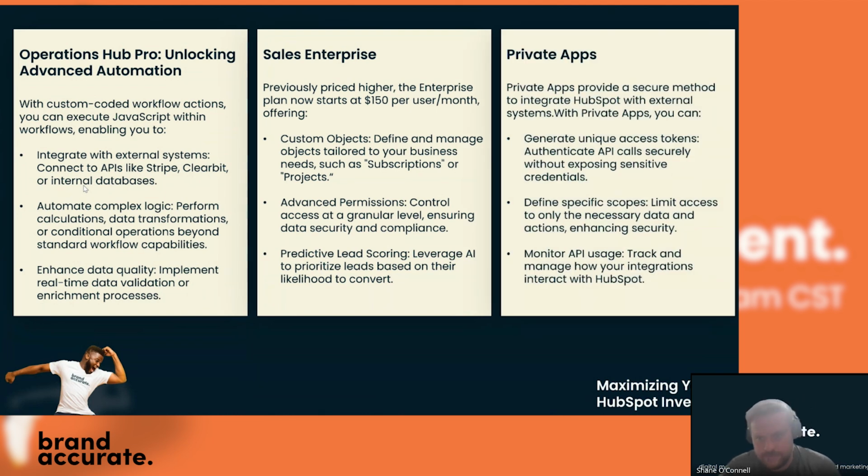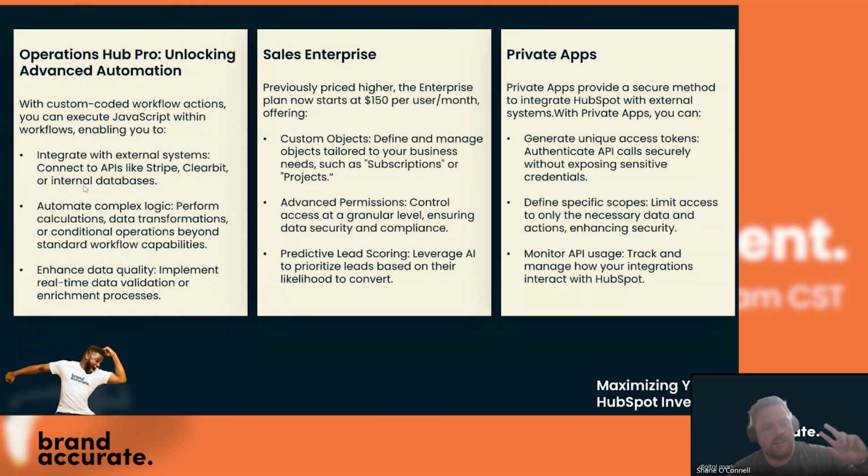Private apps. Every HubSpot tenant, no matter what plan you have, has the ability to create a private app. That allows you to set up API calls. You're able to give your private app scopes. I think there is some layering to the scopes.